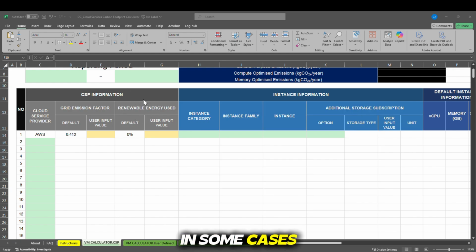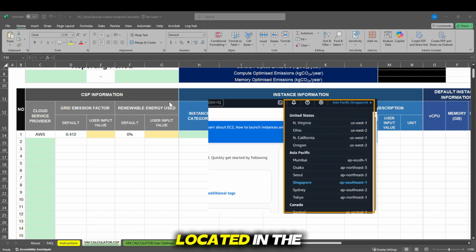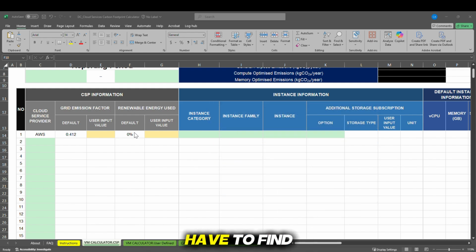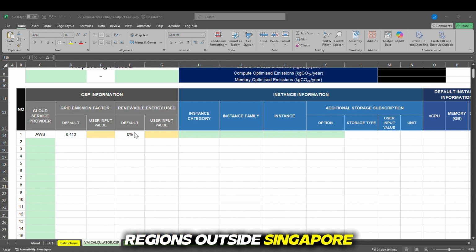In some cases, there will be a generic region located in the interface, and all services obtained will be from that region. That region may be changed whenever the user deems to toggle between regions. After identifying the region, the user would have to find the EMA equivalent of that region that publishes that region's GEF. This is the process required to get the GEF for regions outside Singapore.